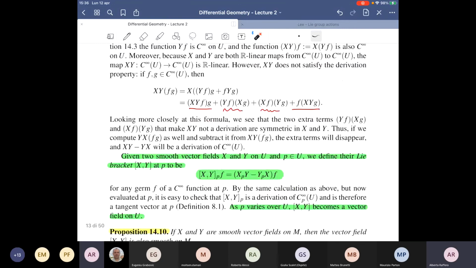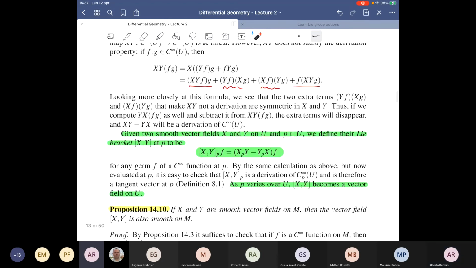So this is telling you that if you consider XY and subtract YX, this will be a map going from C infinity of U to C infinity of U. This will be R-linear, and this will be a derivation, because it makes the bad terms disappear. So this will correspond to a vector field on the manifold.